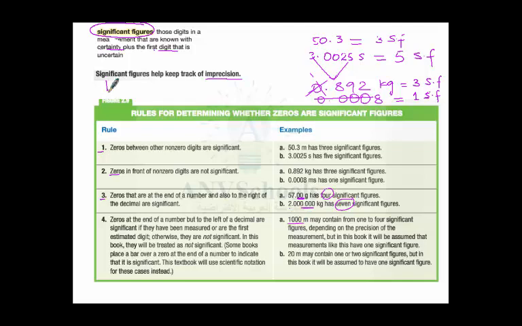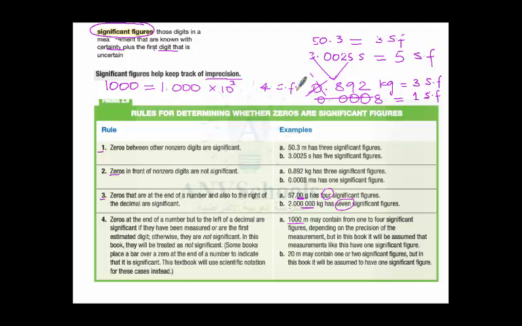For example, 1000 can be written as 1.000 multiplied by 10 to the power of 3. In this case, how many significant digits? 1, 2, 3, 4. It has 4 significant figures.